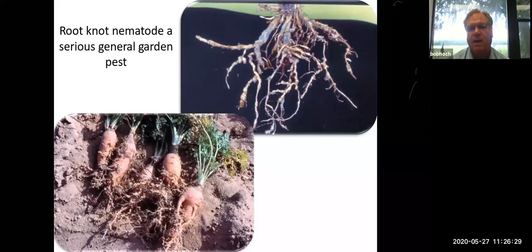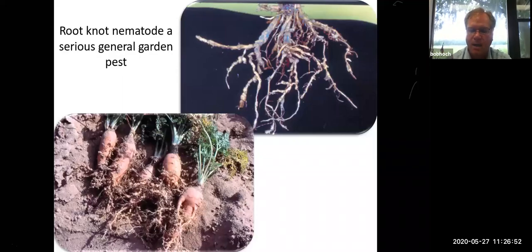The roots stay in the ground. So you have to dig the plant up, shake the soil off of the roots, and take a look at it to diagnose for root knot nematode. But this is a very, very common and very serious problem in typical vegetable gardens, where we garden in the same area year after year.